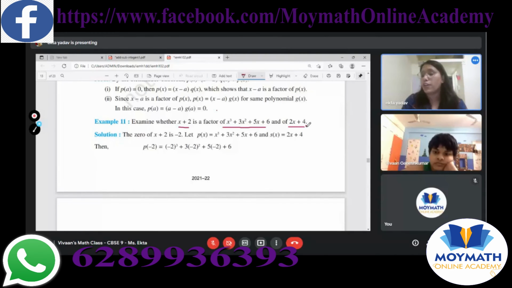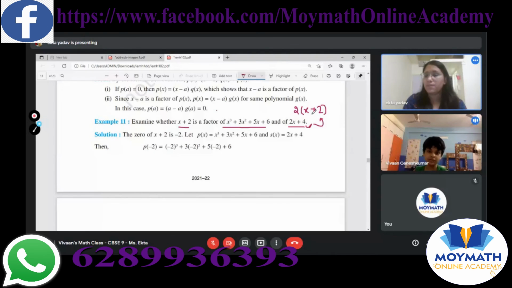Now, if you look at this polynomial, there's an easy way to find out whether it's a factor of the given polynomial. We can take 2 common. If I take 2 common in this polynomial, can I write this as 2 into x plus 2? Clearly, if I rewrite this polynomial as this, x plus 2 is a factor.